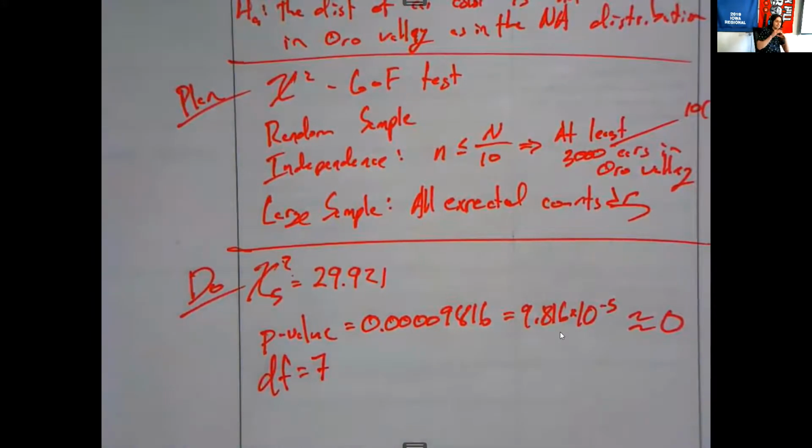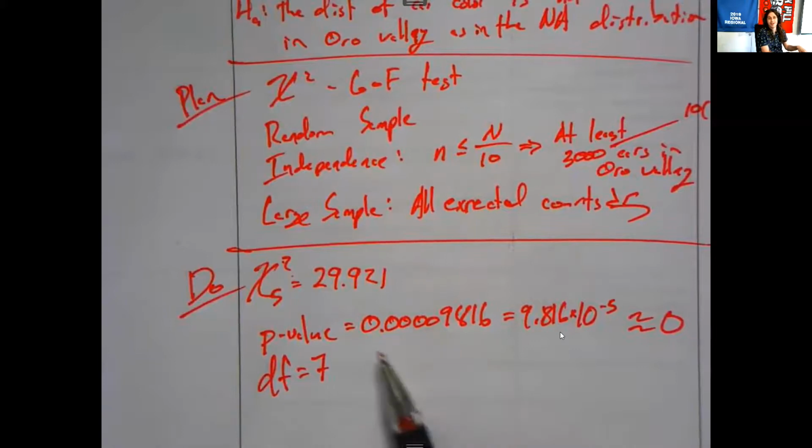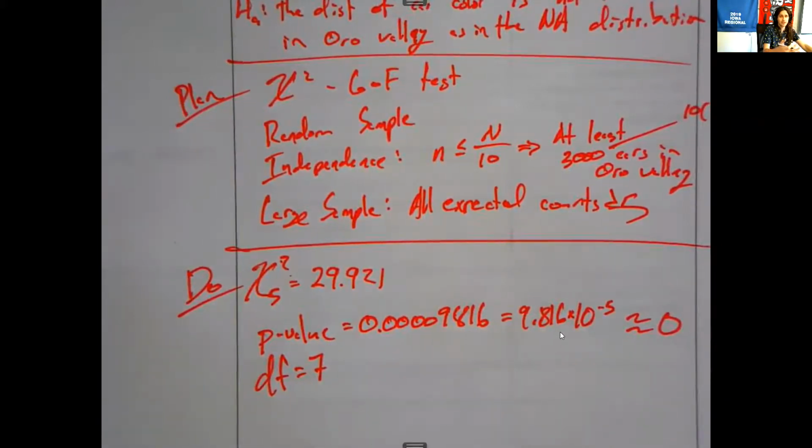We would get deviations as large or larger than what we observed here about 1 out of 10,000 times. Something that happens 1 out of 10,000 times, we say this is sufficiently rare to reject the null hypothesis.